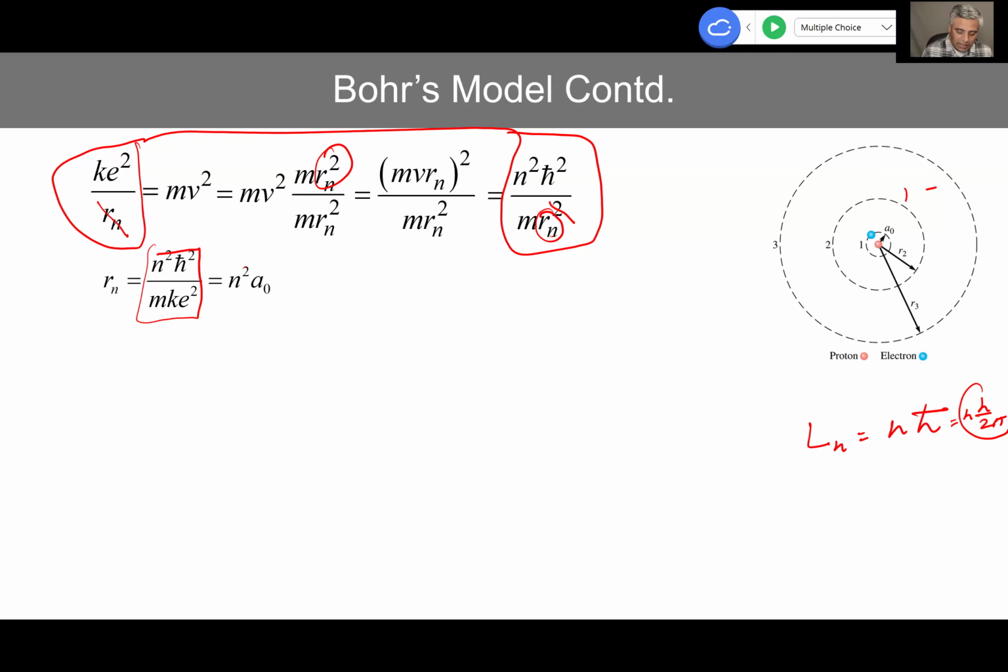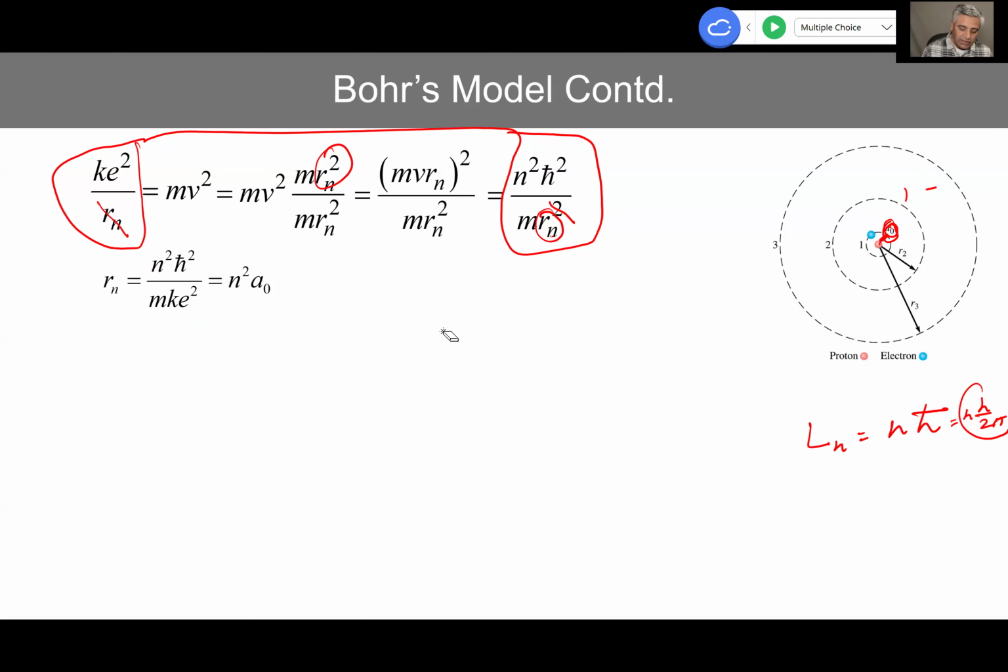And this is written as n square times a0. So this a0 is the radius of the very first orbit. It's notation for the radius of the ground state.